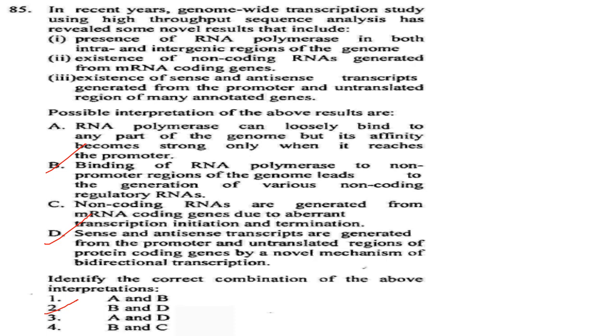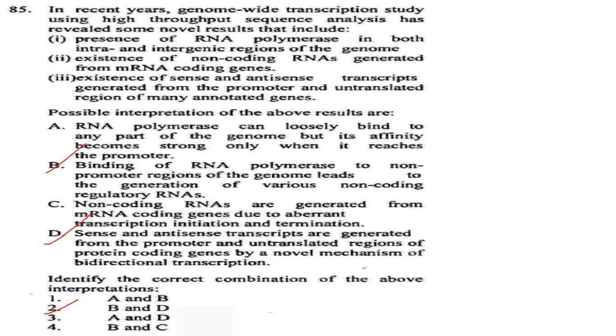Possible interpretations of the above results are: RNA polymerase can loosely bind to any part of the genome, but its affinity becomes strong only when it reaches the promoter. So that is not correct. Then next one. Binding of RNA polymerase to non-promoter regions of the genome leads to the generation of various non-coding regulatory RNAs. That is correct.